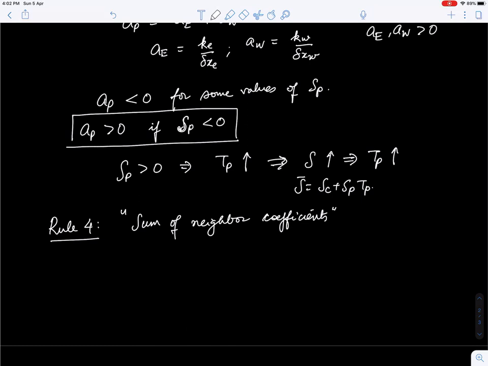A basic example would be d by dx of k dT by dx is 0, or it could even be with a source term which is a constant, independent of temperature. Clearly for linear problems, if T is a solution, then T plus some constant should also be a solution. So both can be solutions.